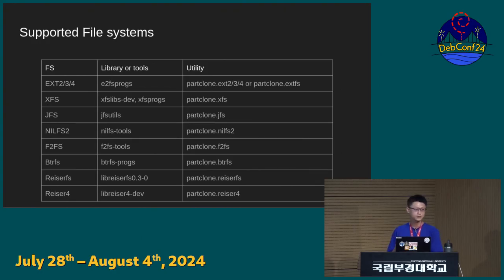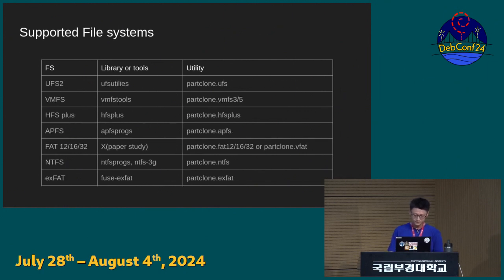They are very good and very easy to use to find some information for Partclone. We still have some different file systems like UFS, VMFS for VMware ESXi, HFS plus, APFS, and ReFS, and exFAT for Windows.